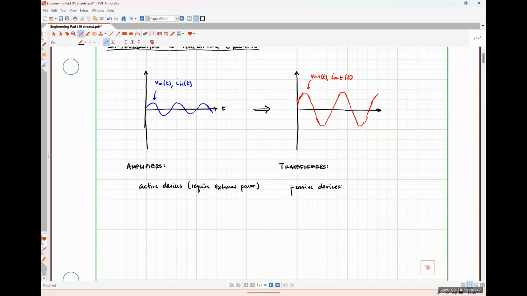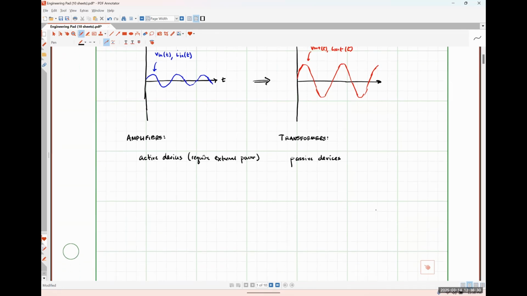So that use of external power or not having access to external power brings us to the second main difference between an amplifier and a transformer. So in an amplifier, the output power of our signal does not necessarily have to be equal to the input power.